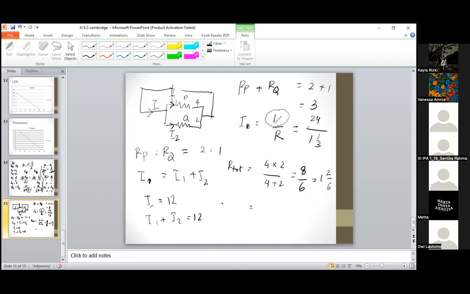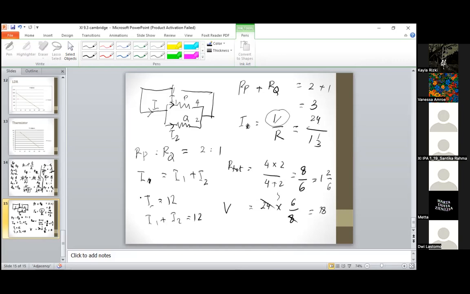So we have V multiplied by 2, and so V is 18.